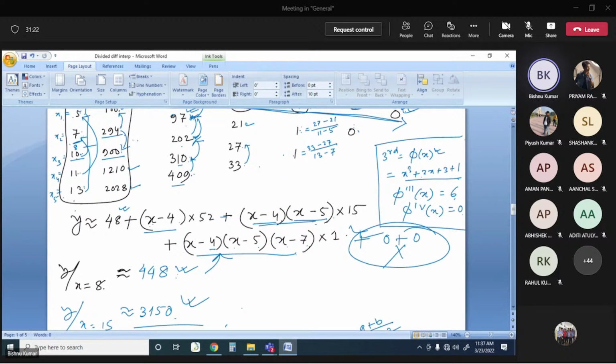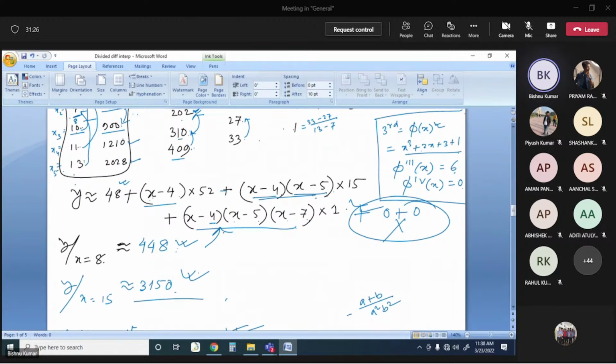And for x equals 15, if you put 15 in place of x, you will get the corresponding value. At 13 it is given as 2028, and obviously at 15, if the data is increasing, you will get more than this value, and that comes to 3150. These two values are approximate.